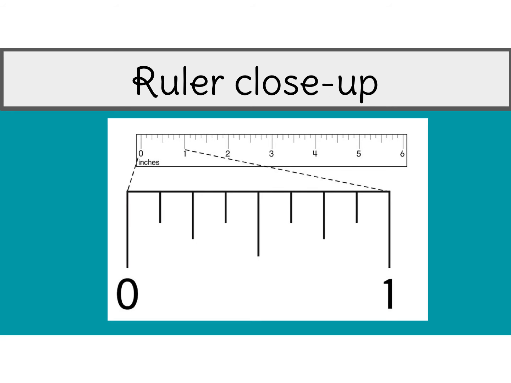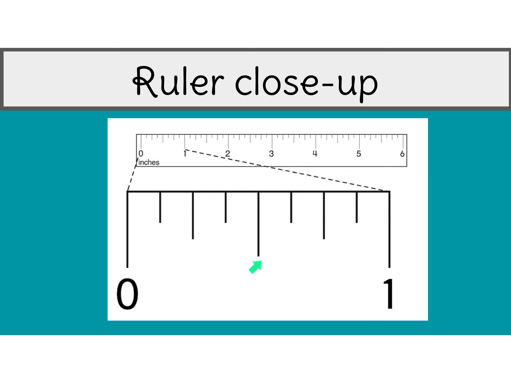In order to do this lesson accurately, we need to be able to measure accurately. So I have a ruler here, and what we've done is we've blown it up. This would be the full-size ruler here, and we're taking this section between the 0 and the 1, and we have enlarged it so that you can see all of those graduation marks from 0 to 1.